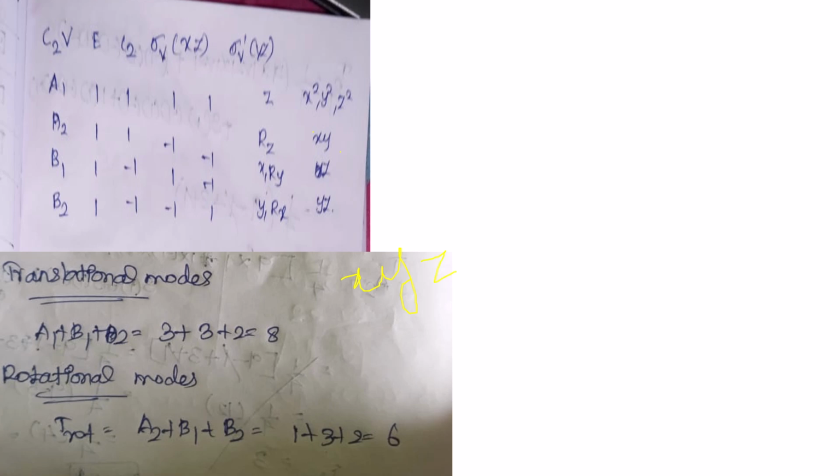A1 has, B1 has, B2 has. So A1 plus B1 plus B2. Then the rotational modes: we take the representations that have the rotations. So A2 plus B1 plus B2.